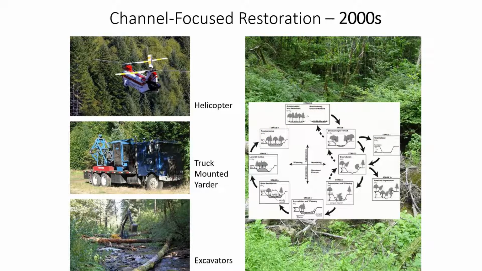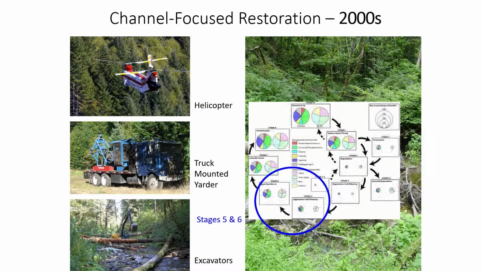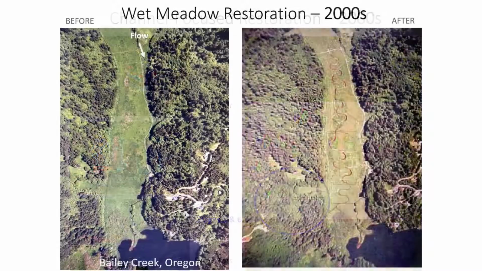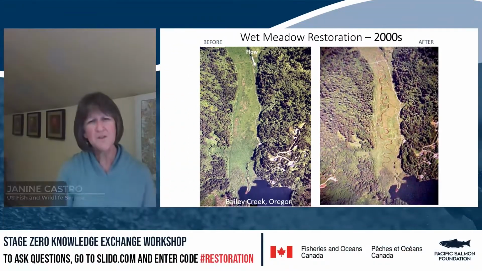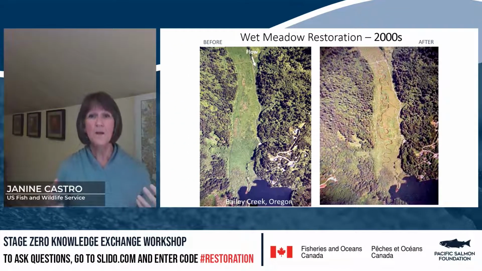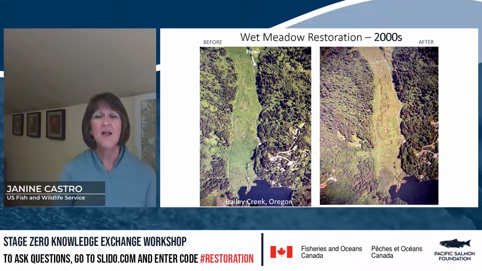So I think we did move forward a little bit with this channel-focused restoration, more at the reach approach, maybe stages 5 and 6. So an improvement, habitat's getting better, but it has not met the potential. There was still a lot more that we could do. So if we go a little bit further forward, about that same time, we started talking a lot more about wet meadow restoration.